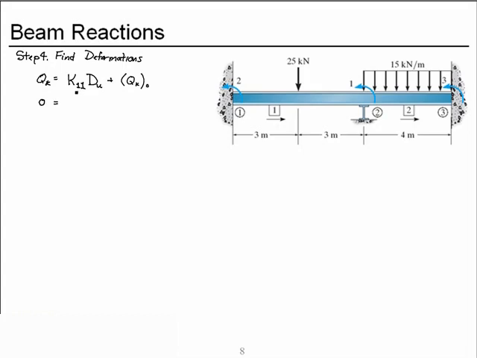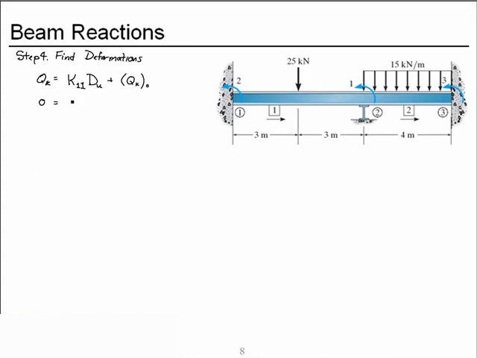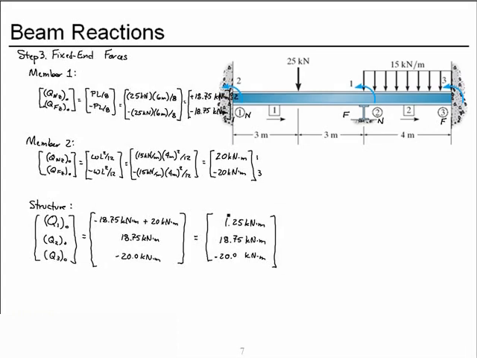The coefficient is 1.667 EI over meters, times the deformation at degree of freedom 1, which will be the slope or rotation at degree of freedom 1, and the fixed end force at degree of freedom 1, which we found to be 1.25 kilonewton meters.